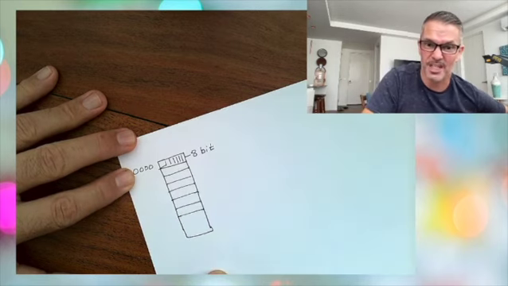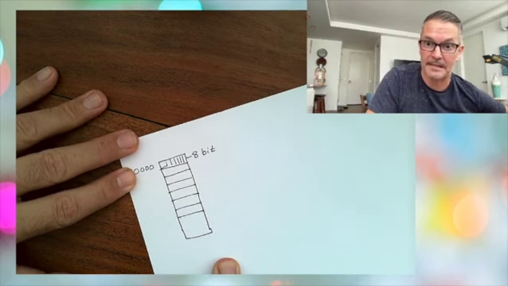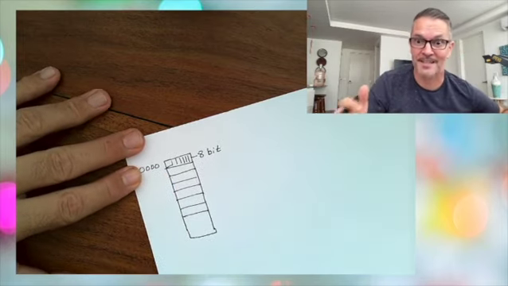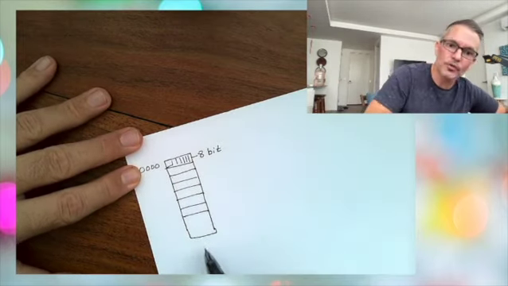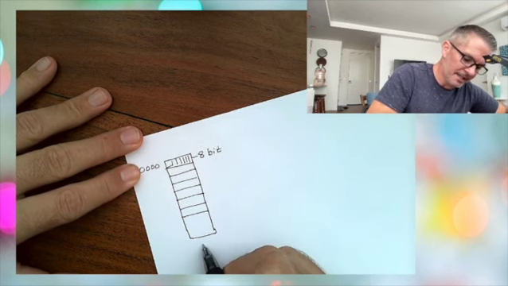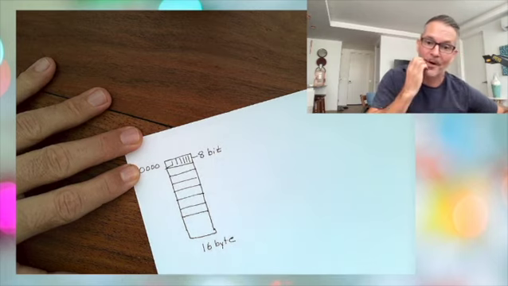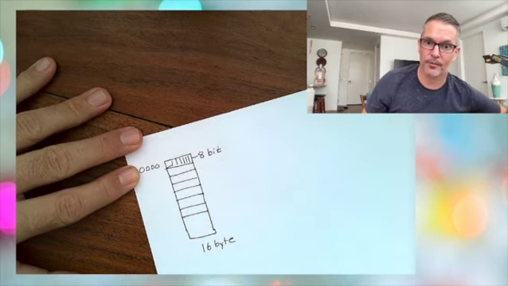I can only represent 16 bytes. So that's not nearly big enough to be an address in a real computer. But let's just assume here that I'm dealing with a 16-byte memory. There's 16 bytes of memory.